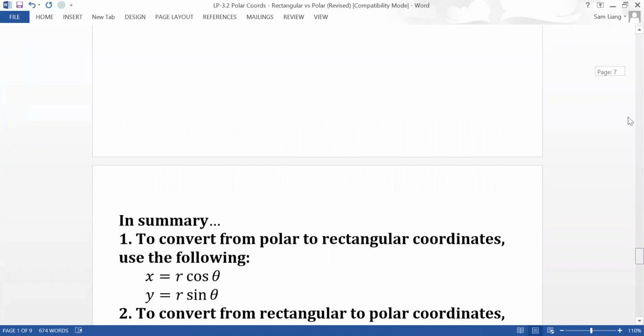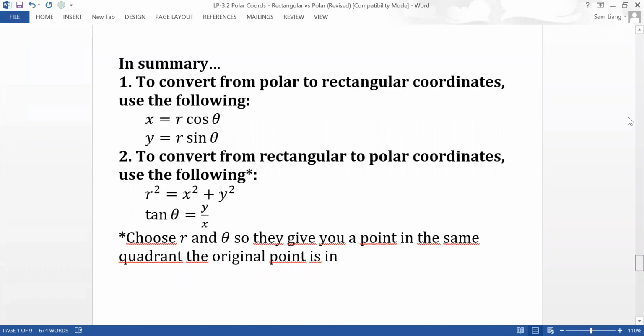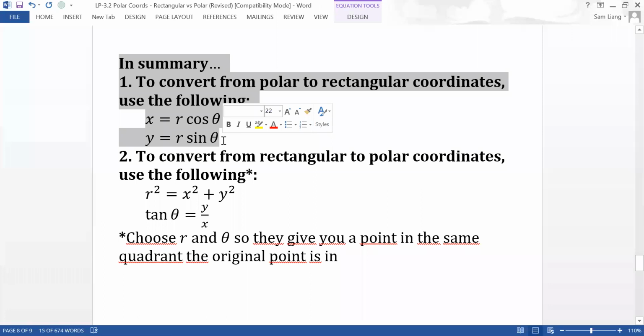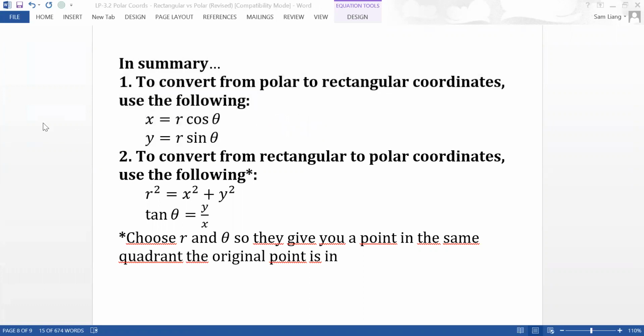So these are the formulas that we see here. Can someone read the first part? In summary, to convert from polar to rectangular coordinates, use the following: x equals r cosine theta, y equals r sine theta. All right, very nice, thank you.